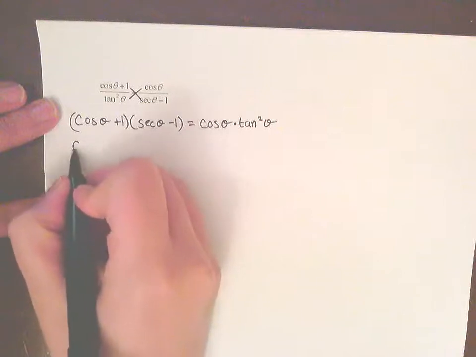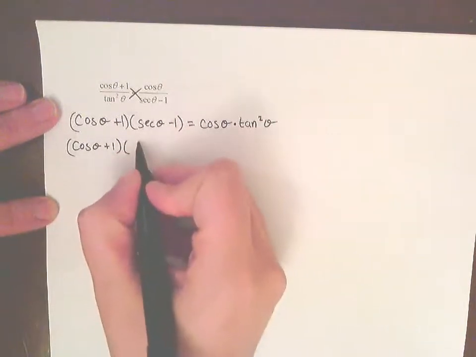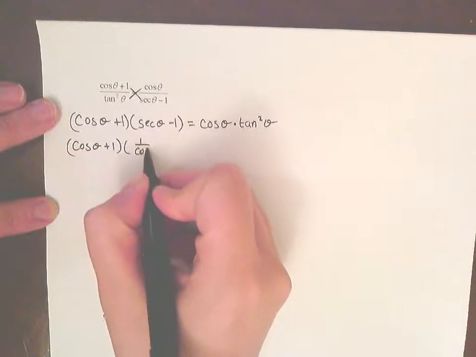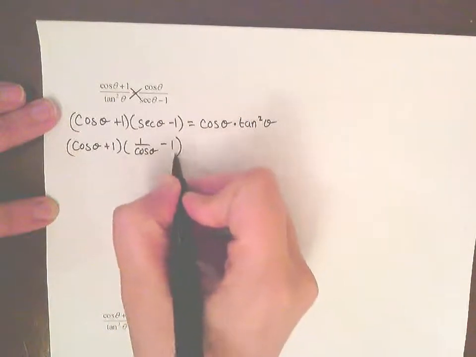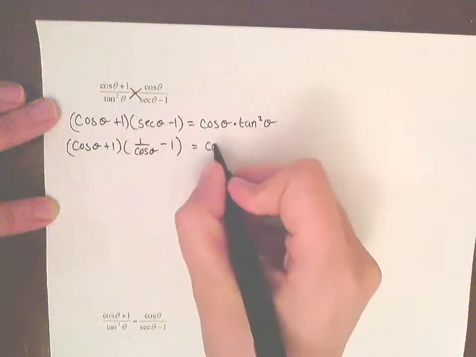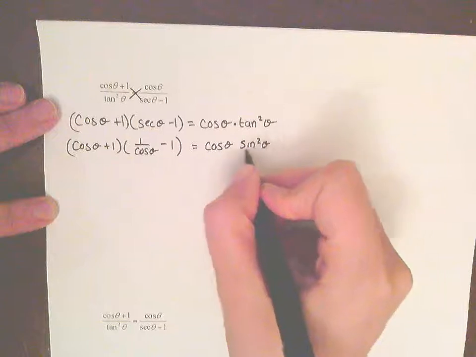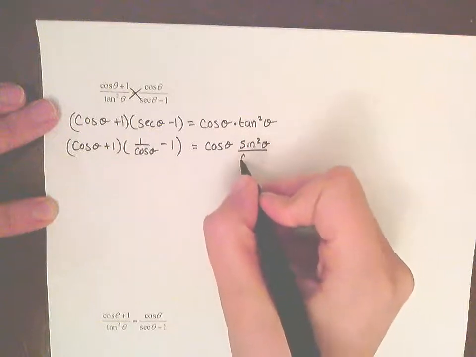So here I have cosine of theta plus 1, and then this is going to become 1 over cosine of theta minus 1. So on this side, I'm going to have cosine of theta times sine squared theta over cosine squared theta.